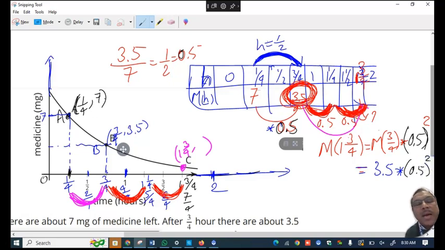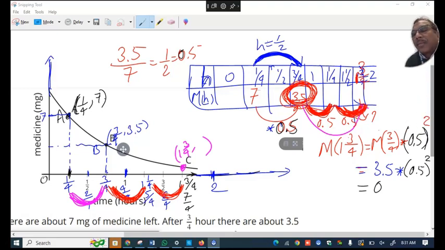You can also write it like 3.5 divided by 16. If you put it on the calculator, you get 0.9. So that's how much of the medicine stays after 1 3/4 of an hour. So you get this?